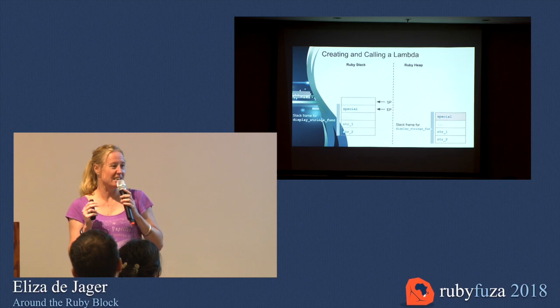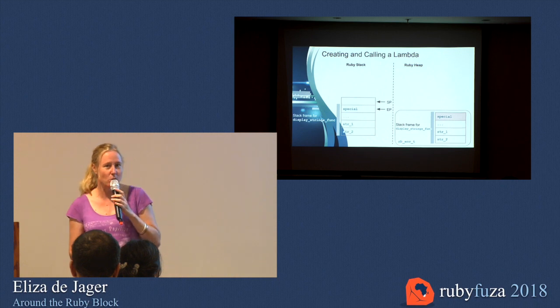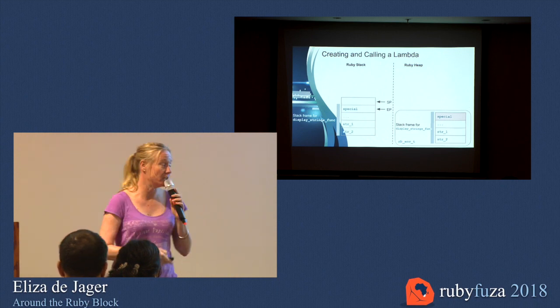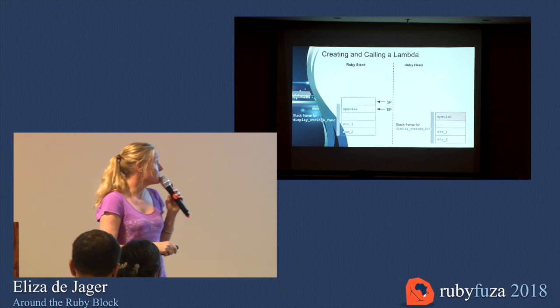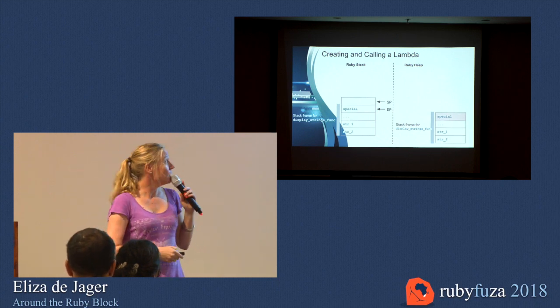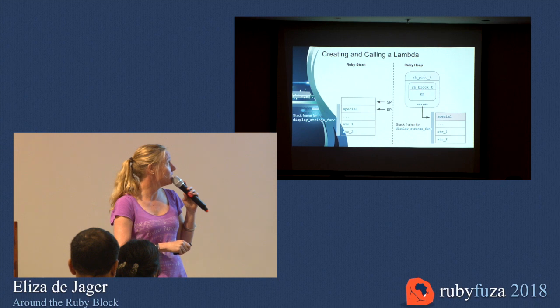Now the stack frame isn't naked on the heap. It does have some wrapper objects around it, such as this one. I'm just leaving it off for now for the sake of clarity. So once this copy of the stack frame is created, what happens now is that Ruby creates the lambda object. So here it is. There's its block inside.